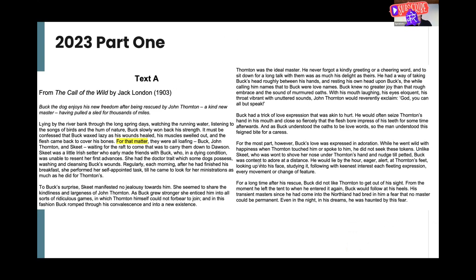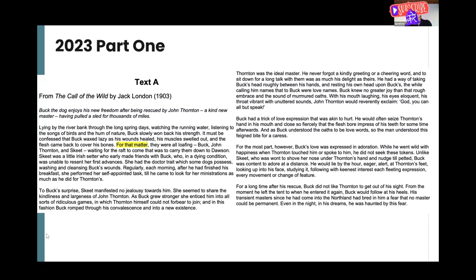I'm going to show you what I mean by purposeful reading. Text A, The Call of the Wild, from The Call of the Wild by Jack London. Buck, the dog, enjoys his new freedom after being rescued by John Thornton, a kind new master, having pulled a sled for thousands of miles.